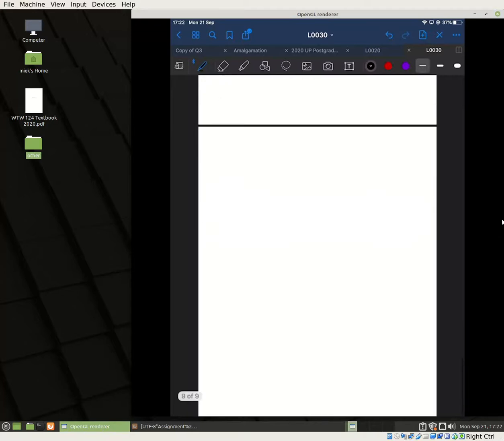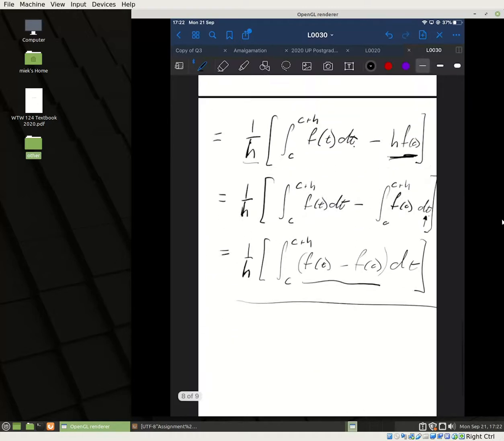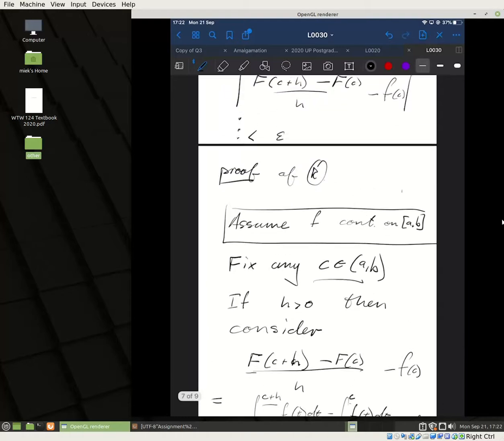Okay, let us continue. So fix any epsilon greater than 0. And let us define epsilon 1 as epsilon over 2. Now I'm going to take this epsilon over 2, which is positive, and buy a delta from the shop here, since f is continuous.